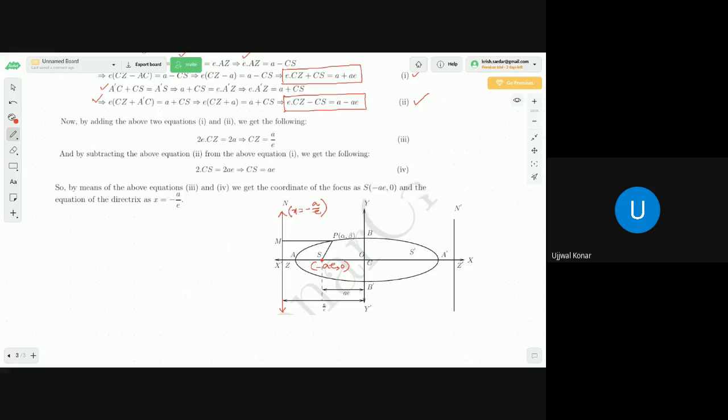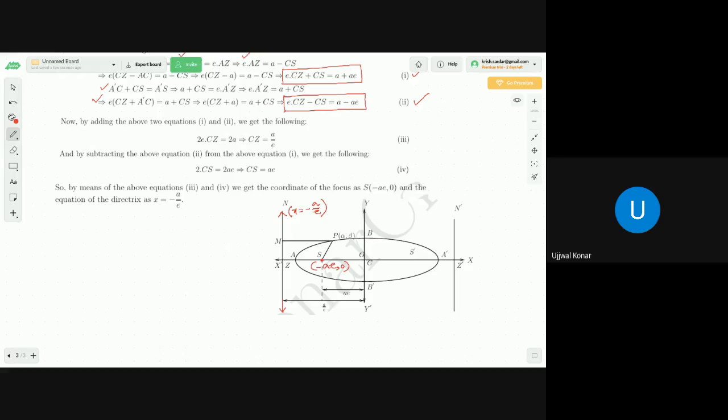Now, dear students, if you look into it very minutely, we are just a few steps away from finding the equation of that ellipse.